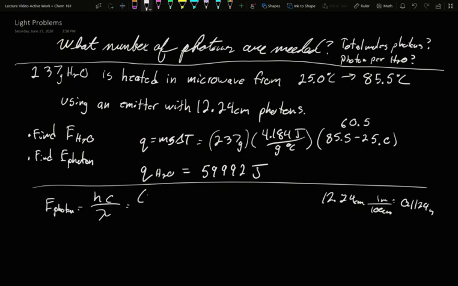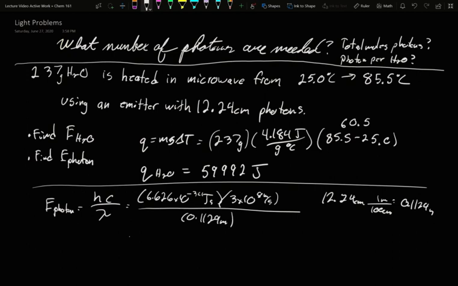So my h, Planck's constant, 6.626 times 10 to the negative 34 joule seconds. My speed of light, 3 times 10 to the 8 meters per second, all over 0.1224 meters. I'll be left just in joules.